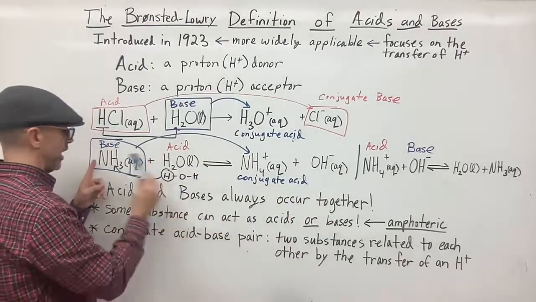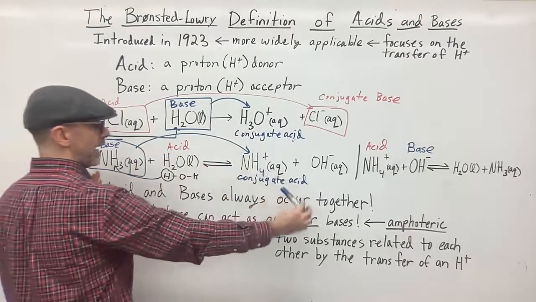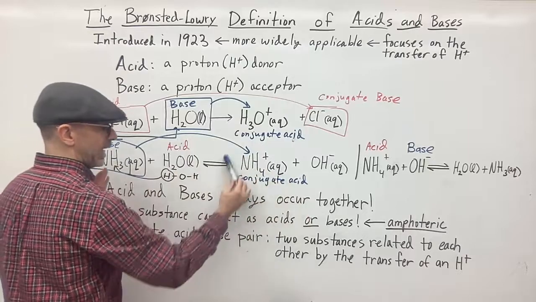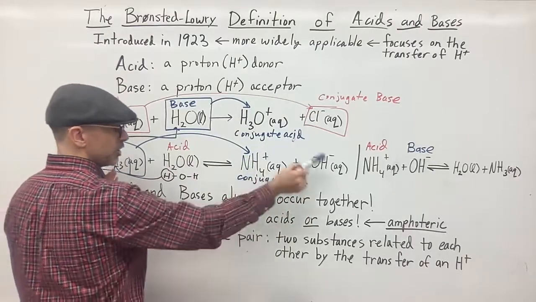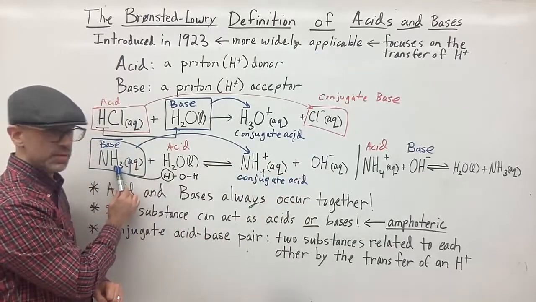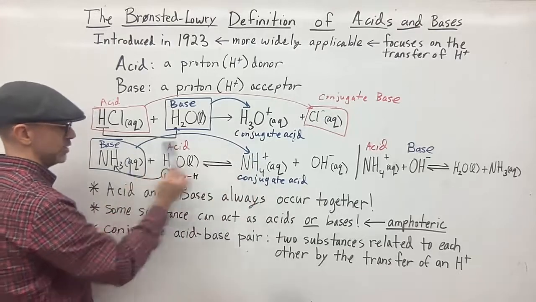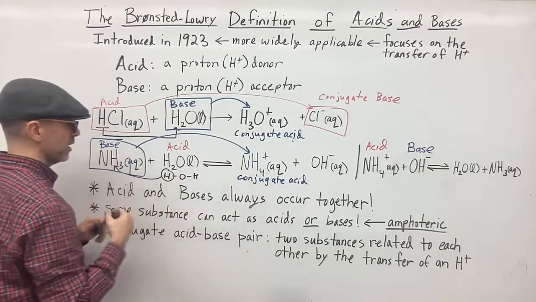Why is it the conjugate acid of this base? Because if we were to reverse the reaction this way, then the NH4 plus would transfer a hydrogen to OH minus to give back the NH3. So these are connected to each other. They're related to each other by the transfer of a hydrogen.